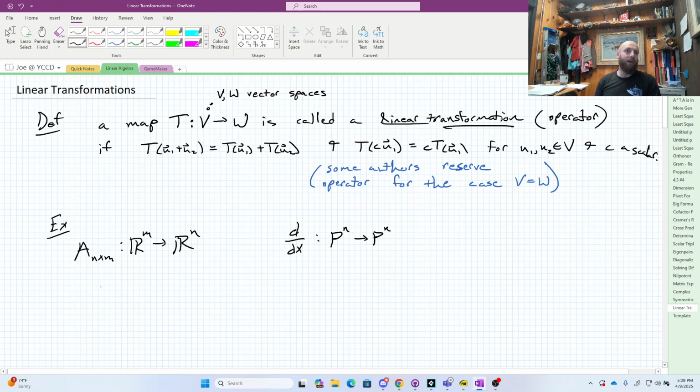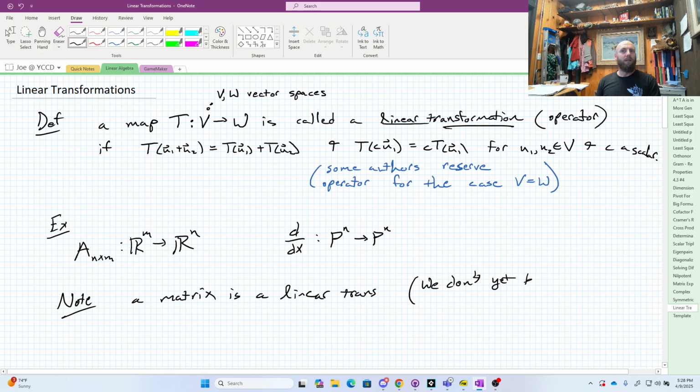I want you to notice, just a quick note, a matrix is a linear operator or a linear transformation. It's not immensely clear here, so we don't yet know that a linear transformation is a matrix.